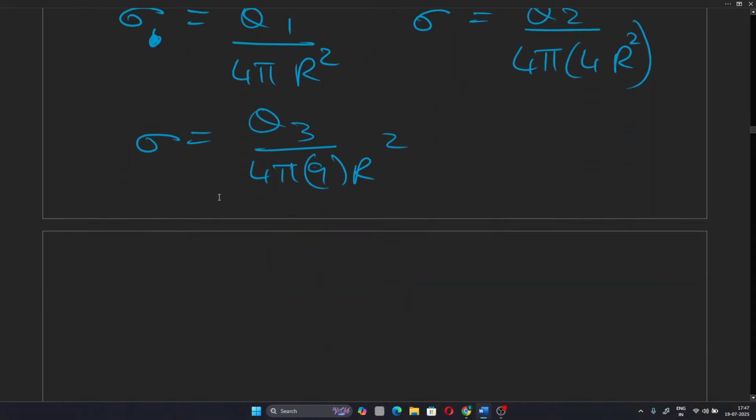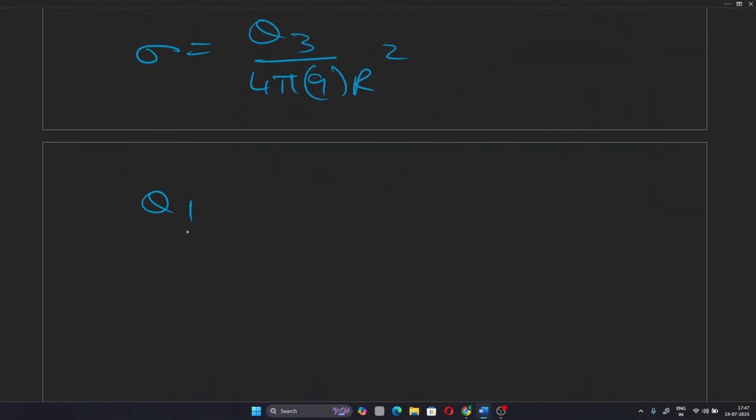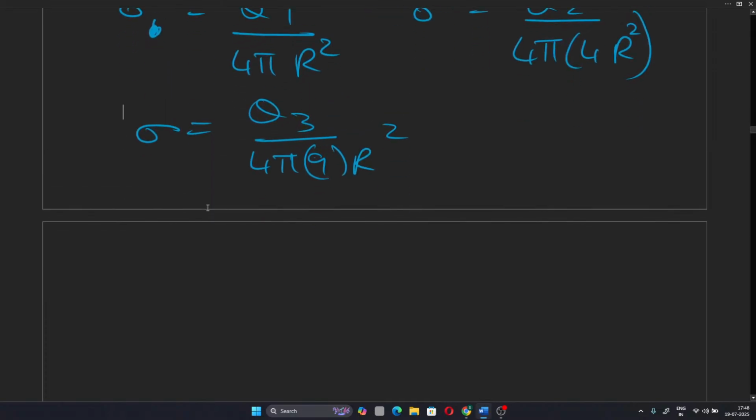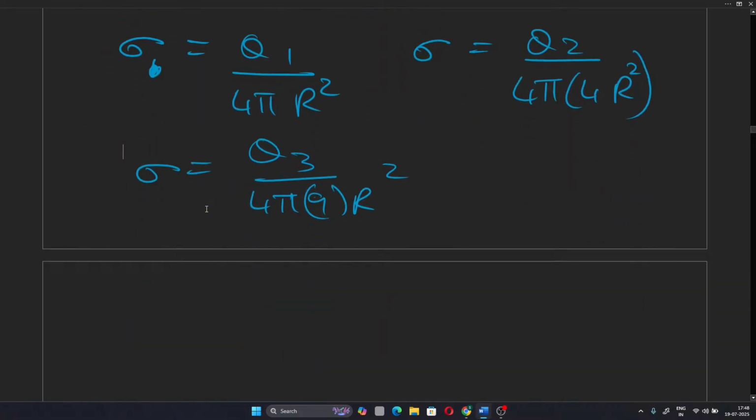Now let's take a ratio of all of them. Wait, we do not need to take ratio of their surface charge densities because they are equal. We need to take ratio of their charges.